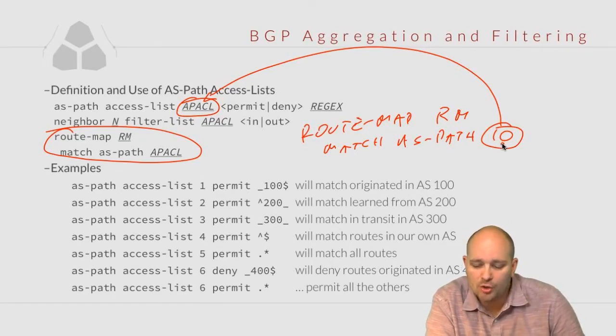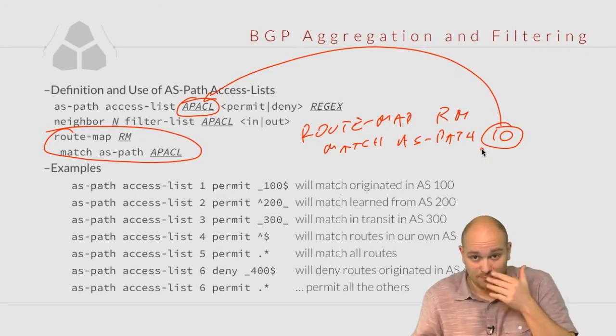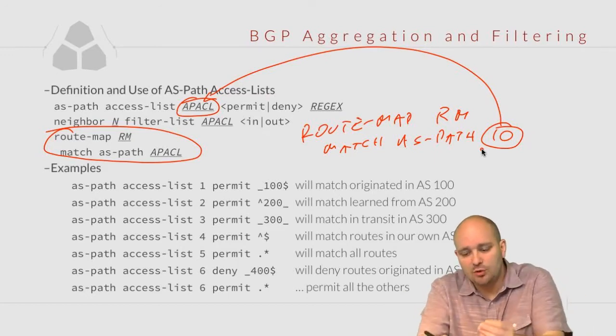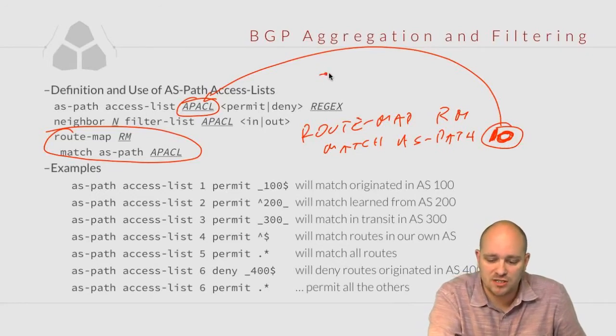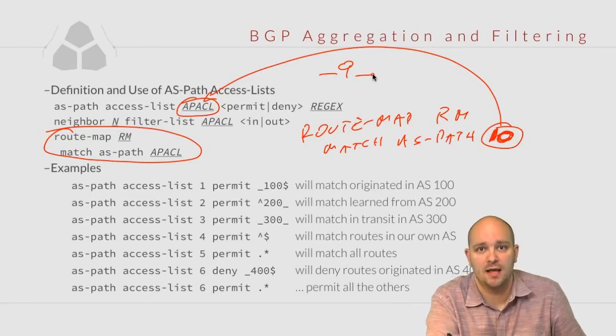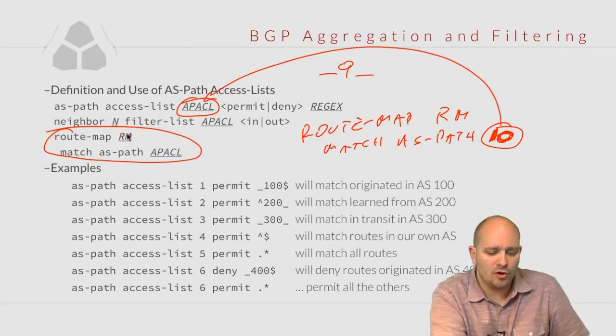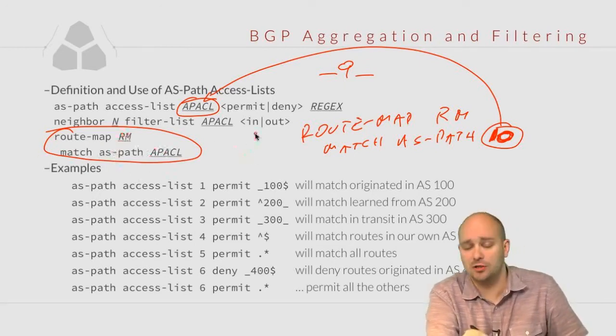So be on the lookout, because when you are taking, for example, some Cisco exams, they could define AS path access list 10 that actually matches, for example, 9. And they say, okay, configure your route map to match the access list, to match the autonomous system 10.